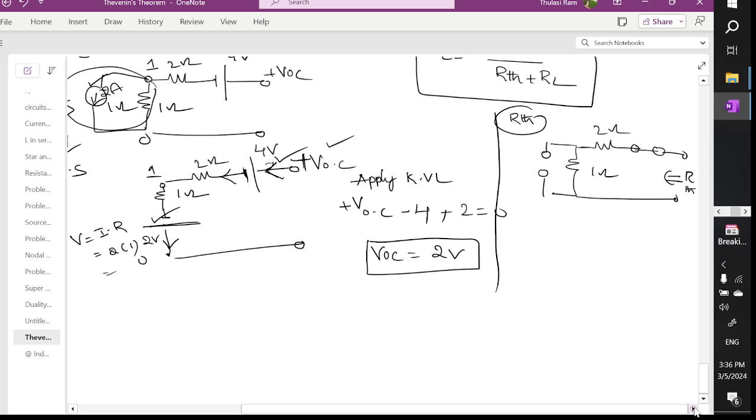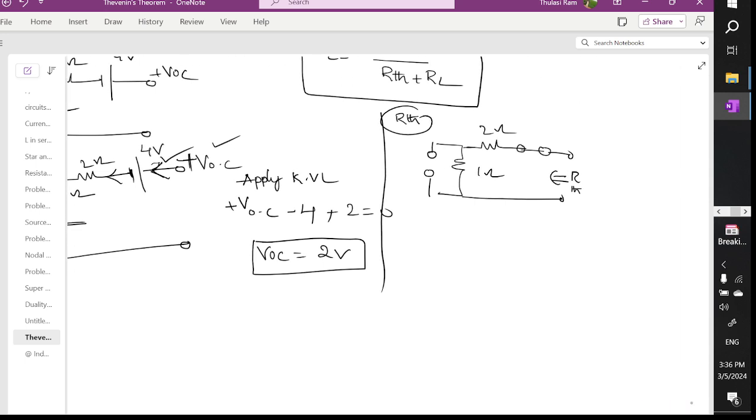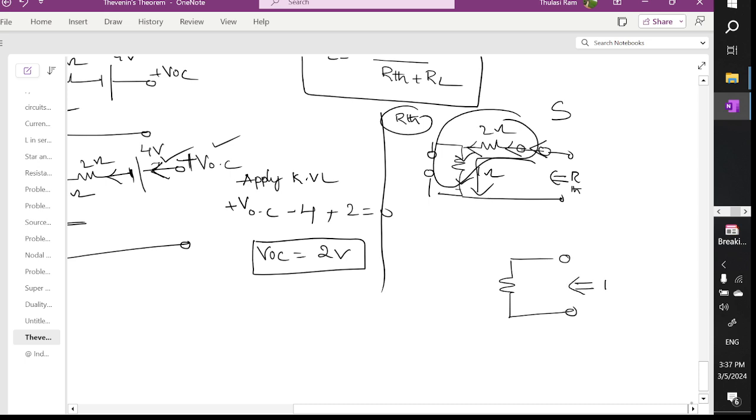When you see here, the current will start flowing into the 2 ohm, and the same current will flow through the 1 ohm. So the 2 ohm and 1 ohm are connected in series. Therefore the resultant is Thevenin's resistance, which is 2 plus 1, that is 3 ohm.